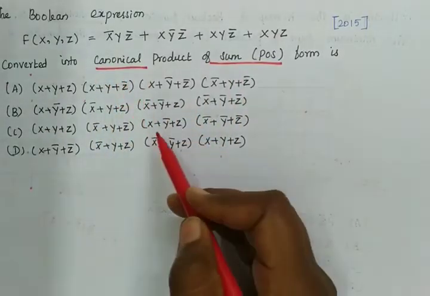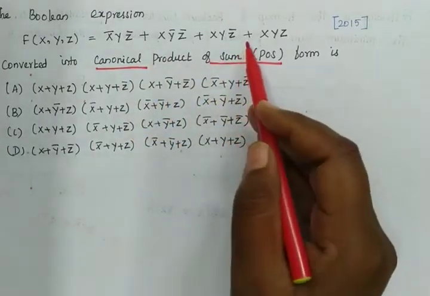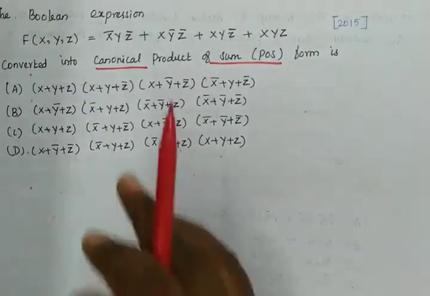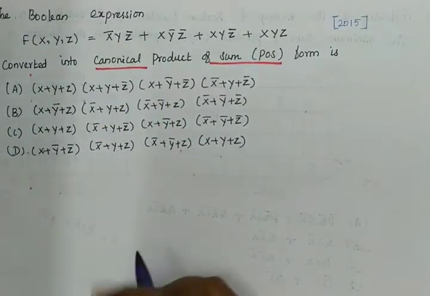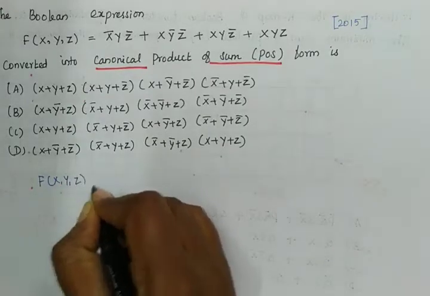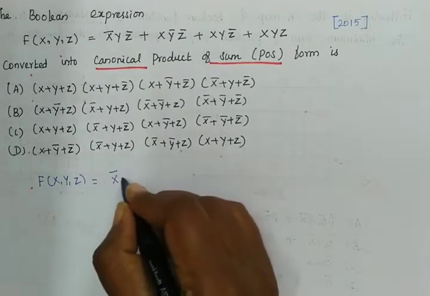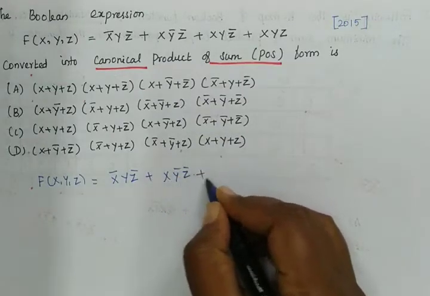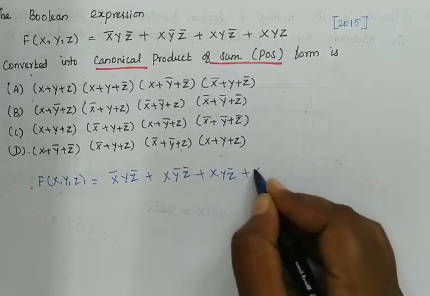If it is canonical, it is standard form. If terms are missing, then we have to multiply with that term. But here every term is present, and we just saw the same kind of problem with the same method.